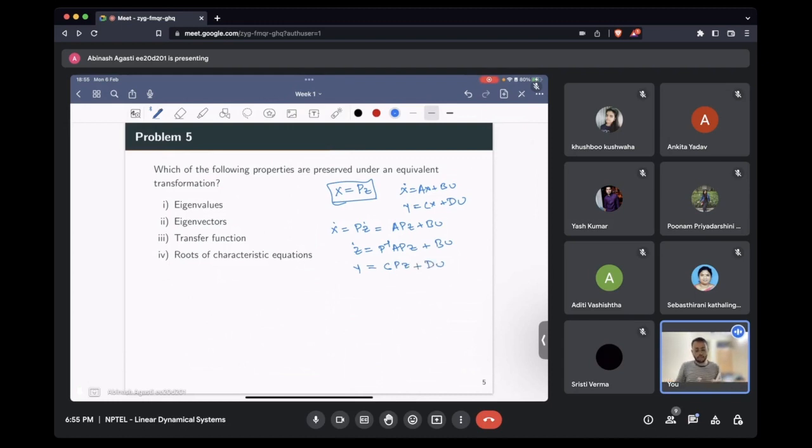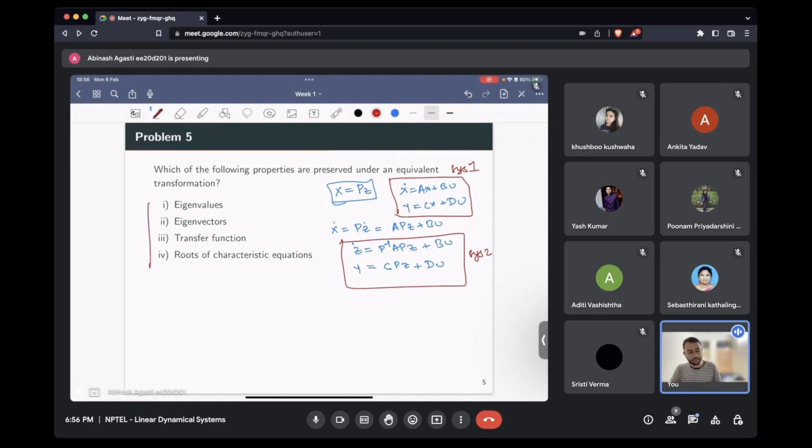Under such a transformation, which is termed an equivalent transformation, which of the following properties will remain preserved? Consider the original as system one and this as system two. Which of these properties won't change?